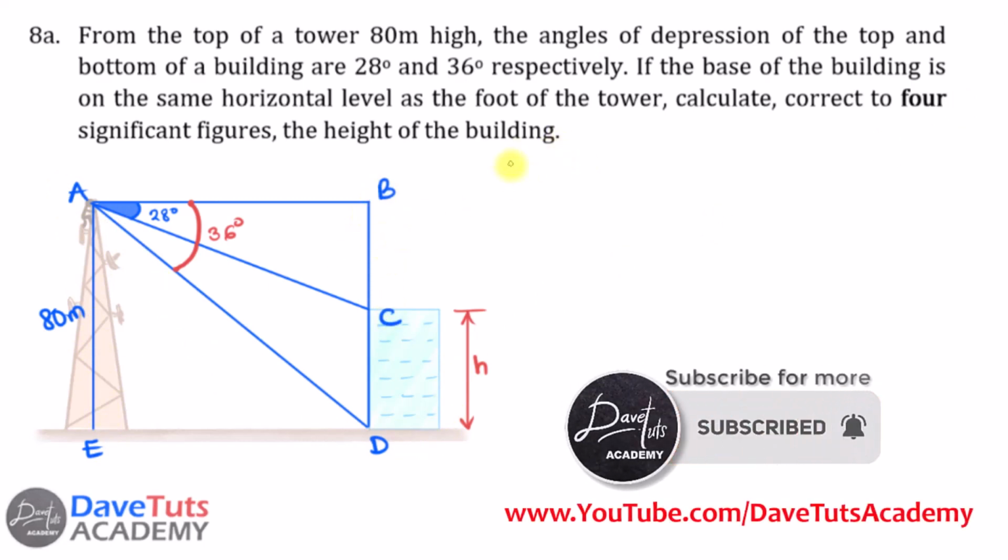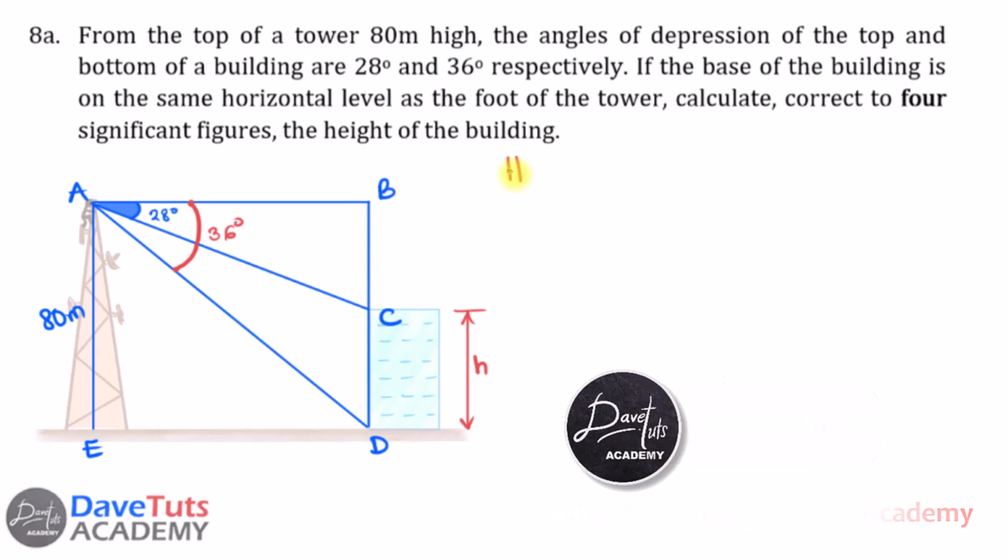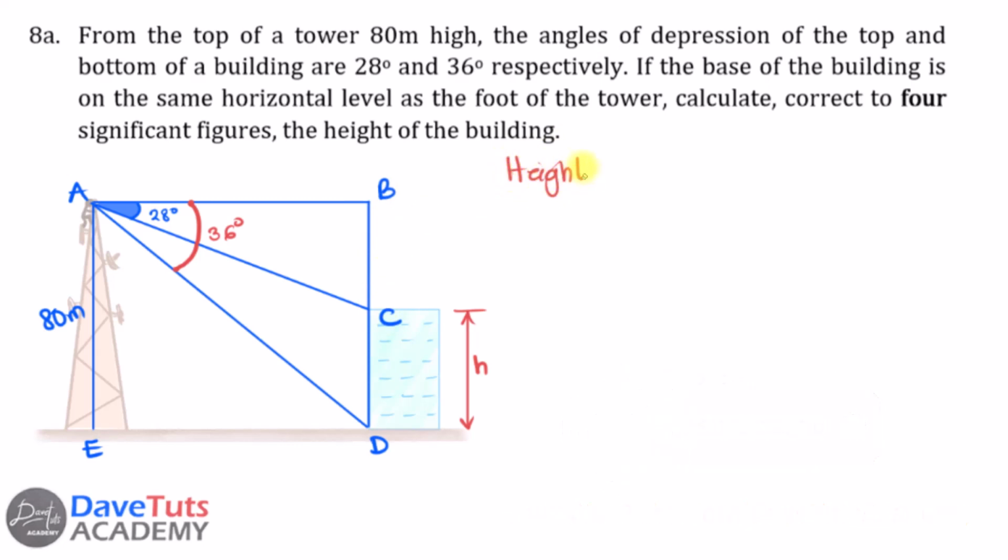So the height of the building that we are looking for, the height H, is going to be the length of BD, which is also AE, that is 80 meters, minus BC. Let me call BC, since it is facing A, let me call this A. So I will say 80 minus BC, or 80 minus A, okay?